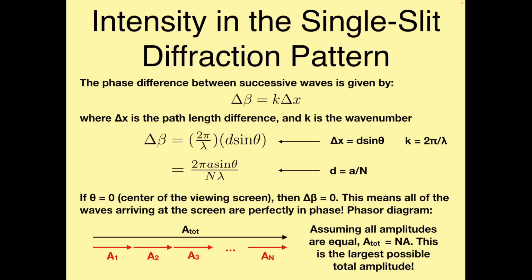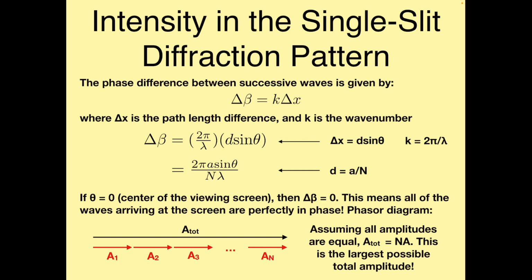Now, we're typically going to be assuming that all of these individual amplitudes, A1, A2, A3, are equal. So if I want to know what A total is, in this case, it would just be the length of each arrow, which is A, times the number of arrows I have, which is N. So in this case, A total is just N times A. And if you think about it, this is the largest possible amplitude we can get for A total, because all of the waves are perfectly in phase.